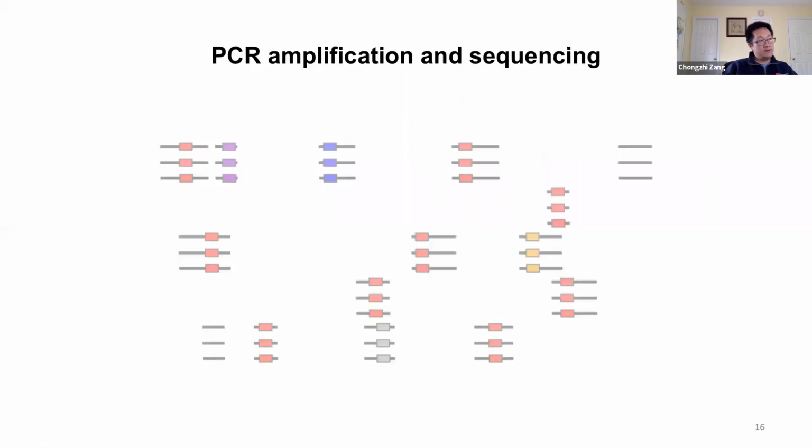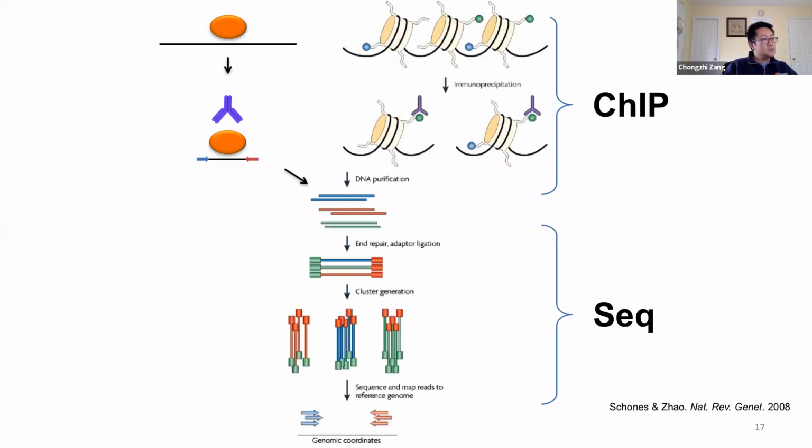That will involve several additional steps, including PCR amplification of these DNA fragments and high throughput sequencing. So yeah, this is an overview summary schematic of the entire process of a ChIP-seq experiment.